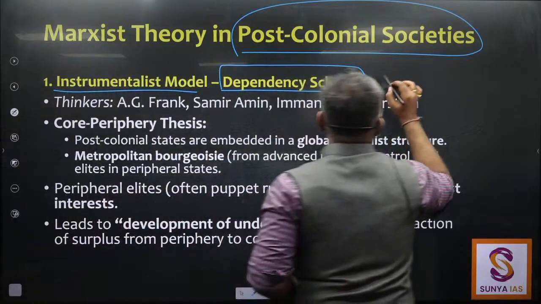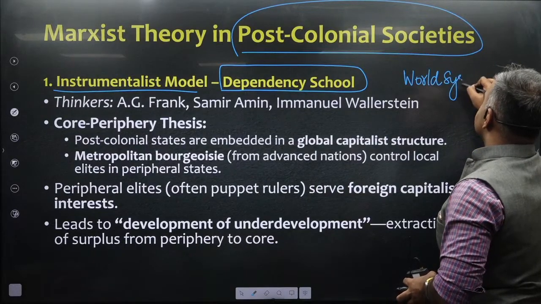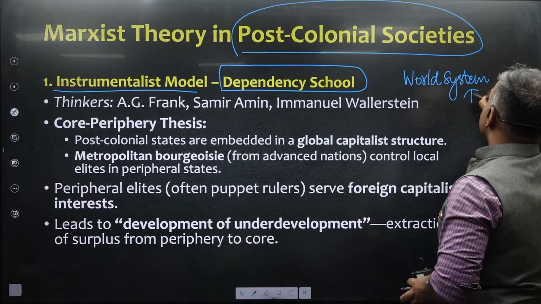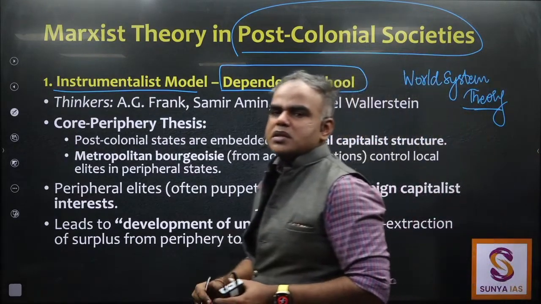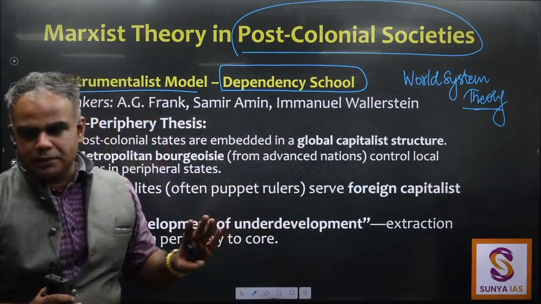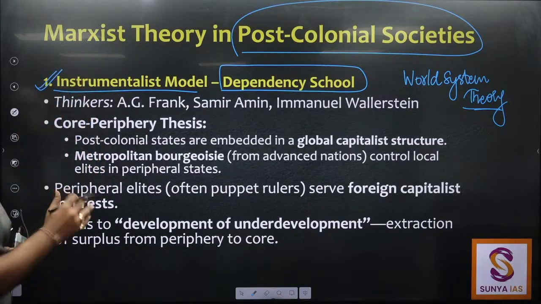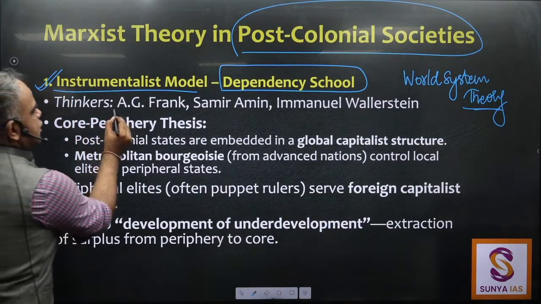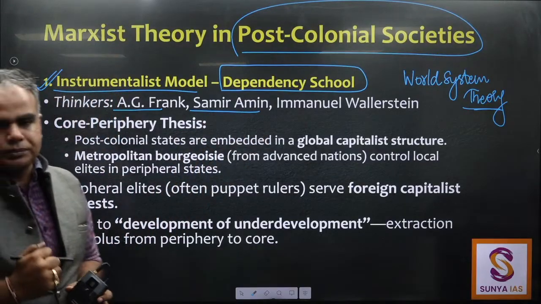In paper 2A we will again see a topic known as world systems theory. In that you can explain this in this much detail. Otherwise, you can simply talk about how there is an instrumentalist model. Simple, you have, let's say, A.G. Frank, Samir Amin and Immanuel Wallerstein.